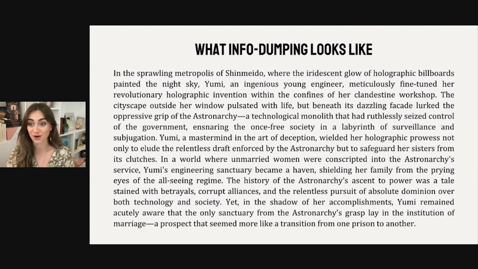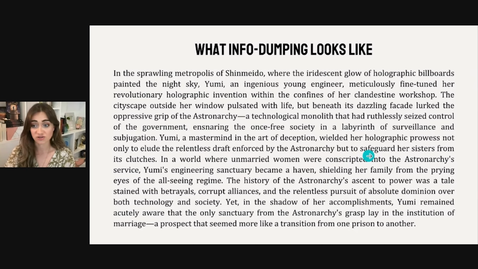Yumi, a mastermind in the art of deception, wielded her holographic prowess not only to elude the relentless draft enforced by the astronarchy, but to safeguard her sisters from its clutches. In a world where unmarried women were conscripted into the astronarchy's service, Yumi's engineering sanctuary became a haven, shielding her family from the prying eyes of the all-seeing regime.